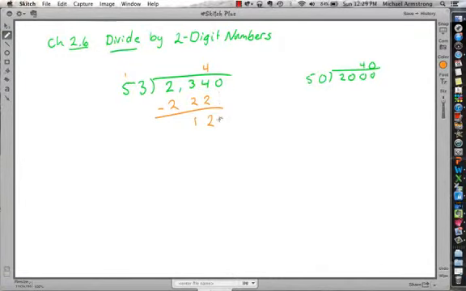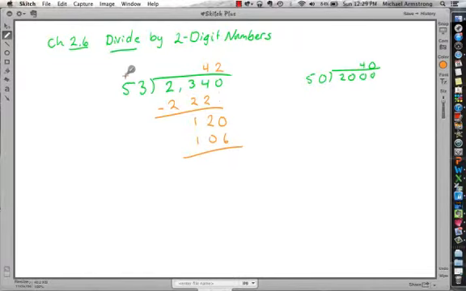We're going to bring down this 0, so now it's 53 into 120. And again, you can kind of estimate how many times 5 would go into 12. Well, 5 would go into 12 twice. 2 times 3 is 6. 2 times 5 is 10. We didn't have any 1s to carry.